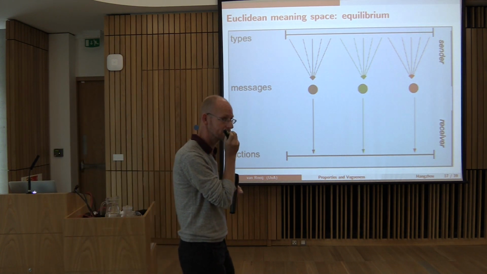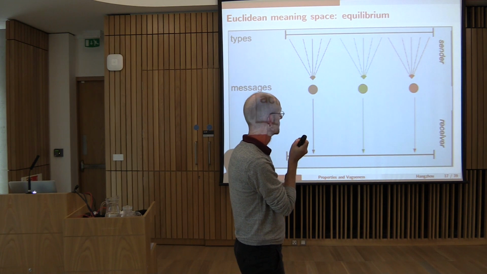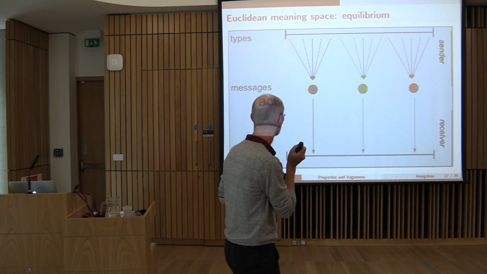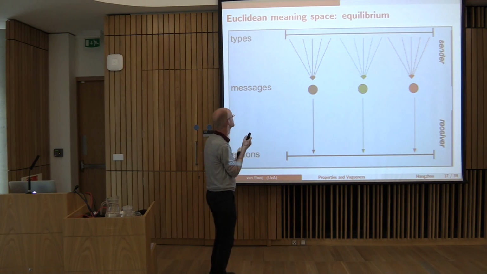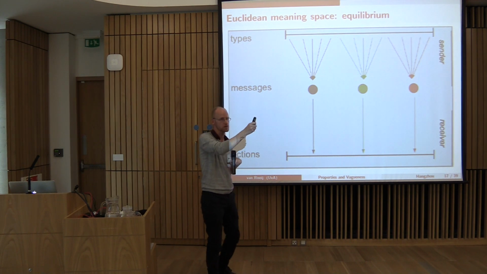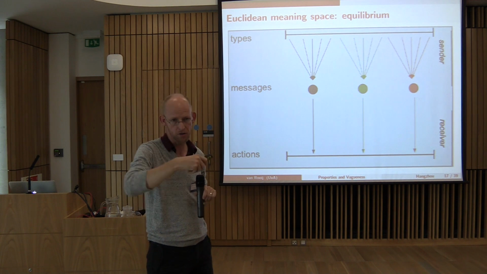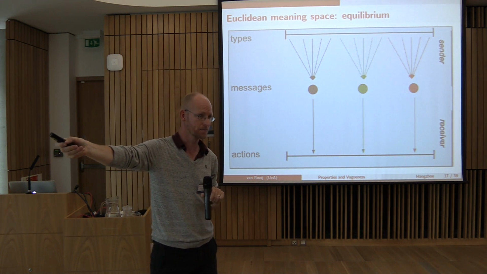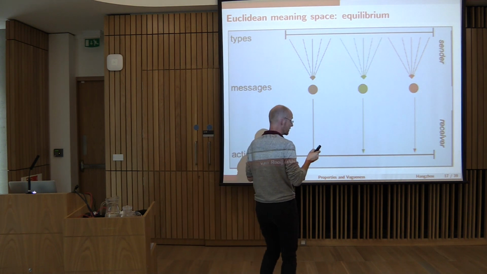Well, this is a very simple game with a very simple structure, but the equilibria are very interesting as well. Suppose that I also assume that the probability distribution of all the situations is equal, so all the types are equally likely. What will be the equilibrium?